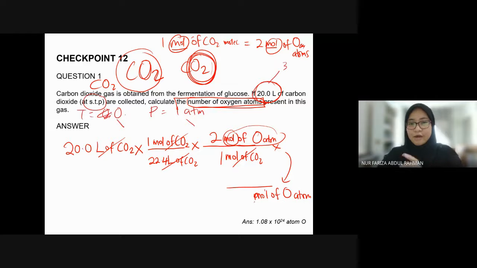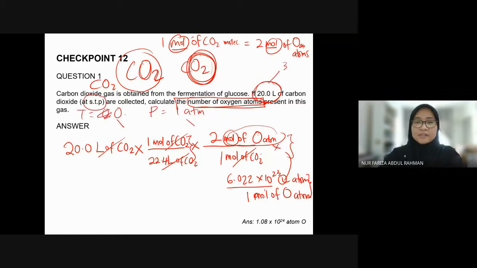Now, how do we introduce the number of entities? Remember last time, 1 mole of substance is equal to the Avogadro constant. So this is the time to apply it. 1 mole of oxygen atoms is equal to the Avogadro number.